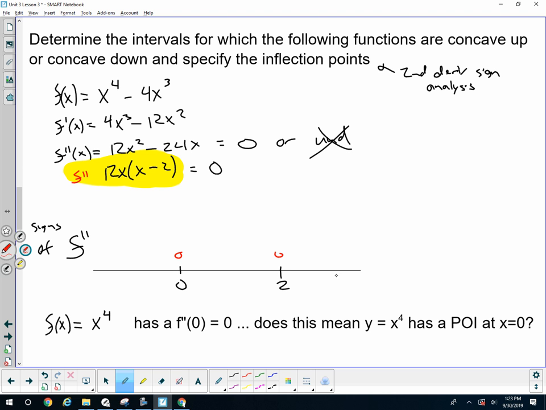For example, plug in 3, 12 times 3, positive, 3 minus 2, positive, positive times a positive. It's the same thing that you have done, that you have practiced, that you have quizzed on, just with the second derivative. So plug in 1.